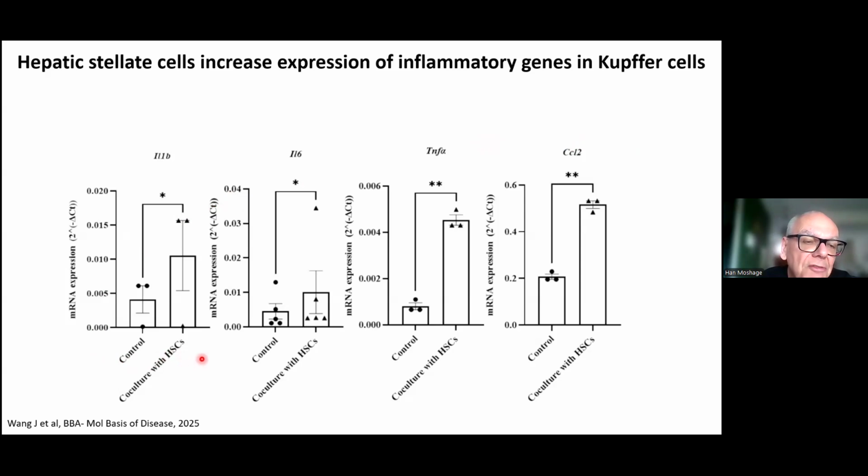And you see that the effect of stellate cells that are in the process of activating on Kupffer cells is to activate them, because the expression of all these cytokines in Kupffer cells, we are measuring cytokine levels in Kupffer cells, is increased when these Kupffer cells are exposed to soluble factors released from stellate cells.